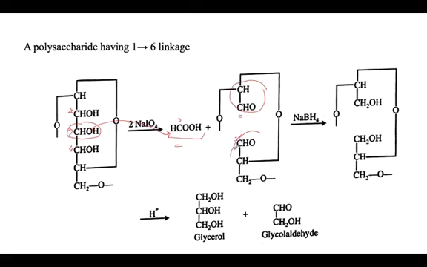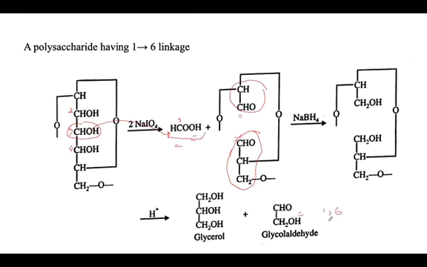molecule. So out of the 6 carbon units, one carbon unit is already lost in the form of formic acid, and the remaining are glycolaldehyde and glycerol. So we get a new product that indicates a 1,6 linkage.